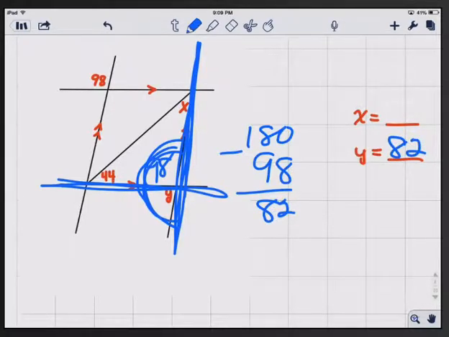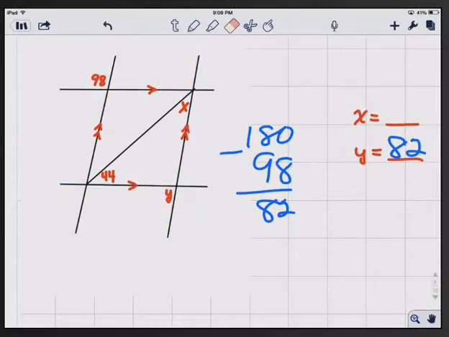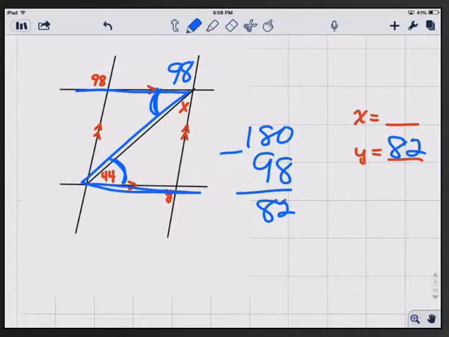Now you can proceed quite a few different ways to find the value for x. I'm just going to put this 98 back in, and I'm going to say this angle and this angle are alternate interior angles. See the Z-shaped figure? The inside corners of a Z are congruent angles if the lines are parallel, which they are, so this angle is 44.